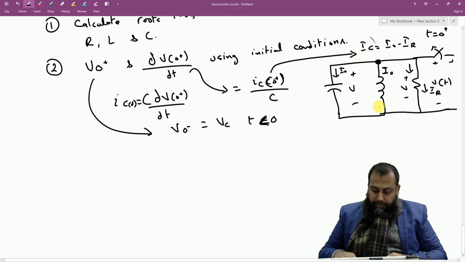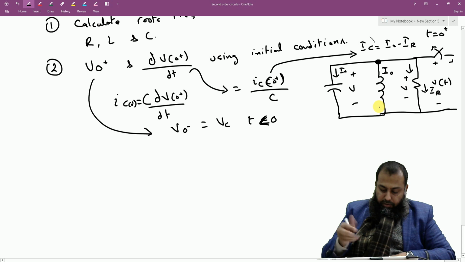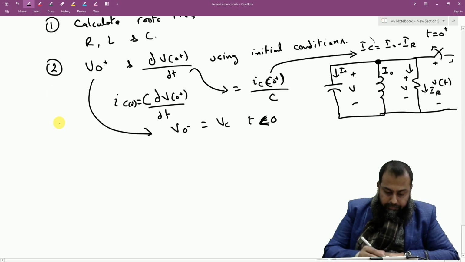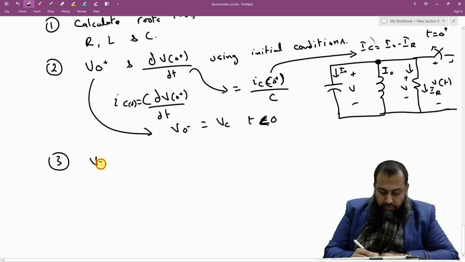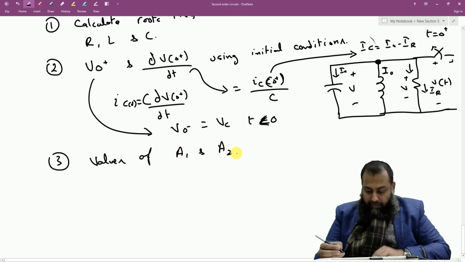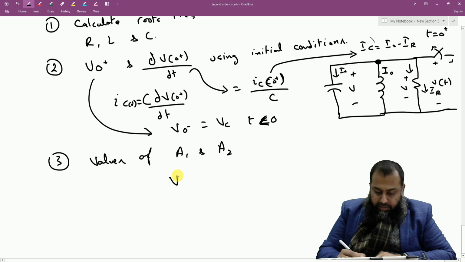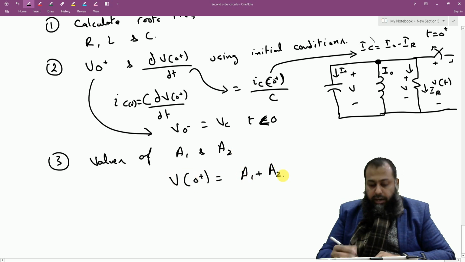So as a third step, we will find out the values of A1 and A2. V(0+) is equal to A1 plus A2. What is this V(0+)?